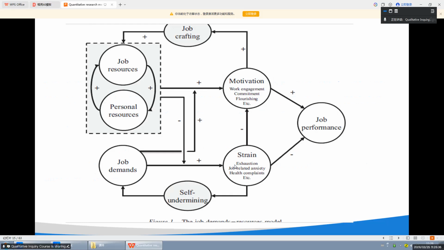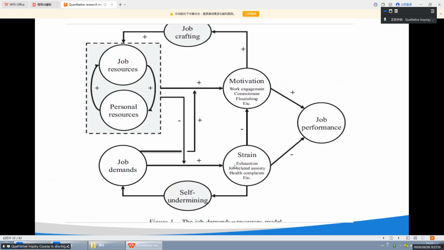But here, resources can lead to motivation, but motivation can reversely influence your resources, right? Through job crafting behavior, suppose you are highly motivated, highly engaged, you may learn more, you may build more connections.